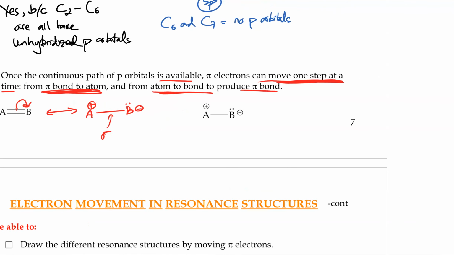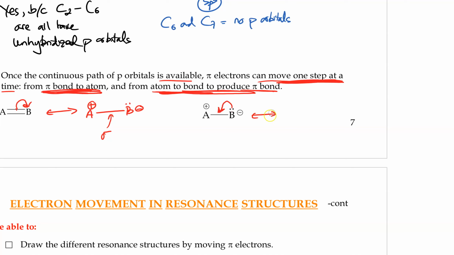And then the other step will be electron moving from an atom to a bond to produce a pi bond. So in this case right here, B is rich in electrons as a lone pair of electrons, and this can then be donated to the bond. So here again, from atom to bond.